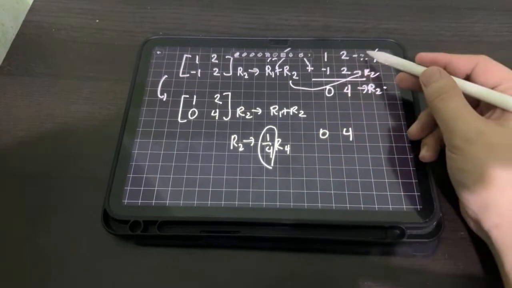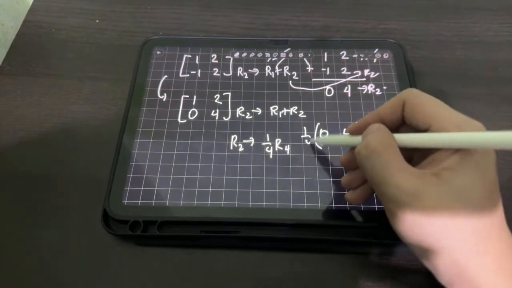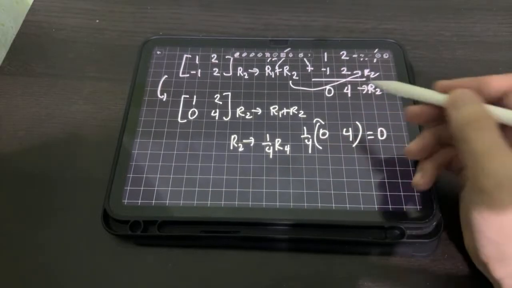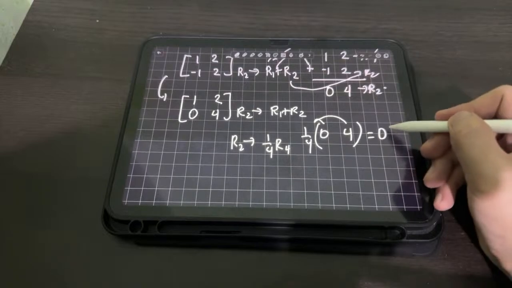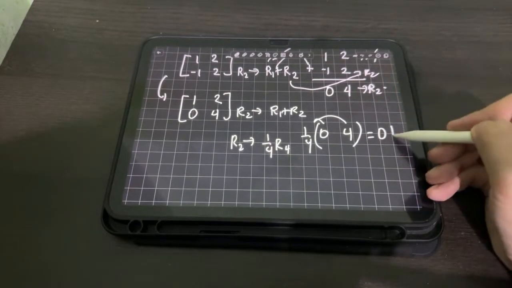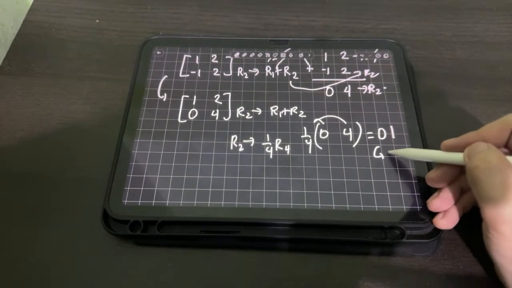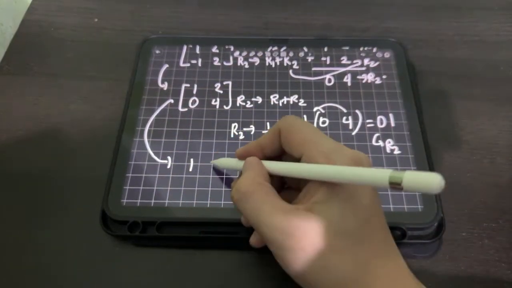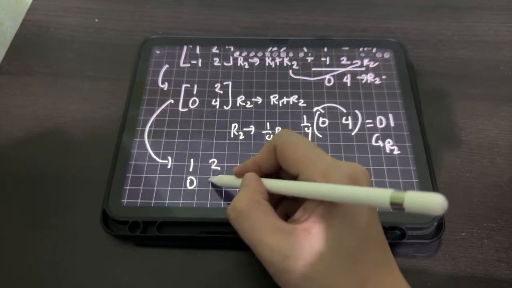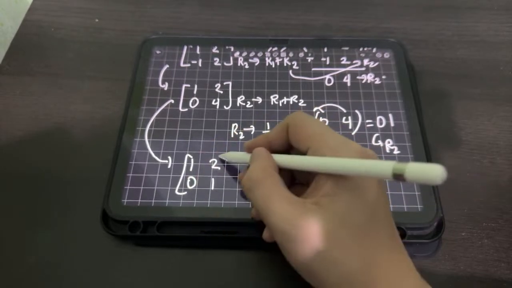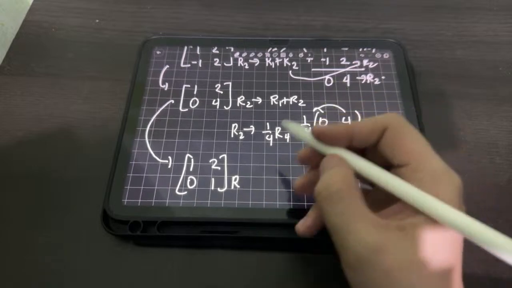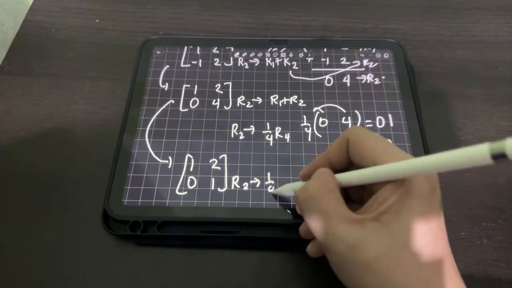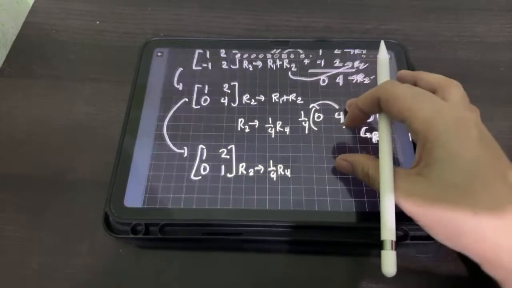You multiply all these entries by 1/4. So 1/4 times 0, still 0, and 1/4 times 4, 1. So this will be the new form of R2. So this will become 1, 2, 0, 1. And the operation that we did is R2 is equivalent to 1/4 R2.